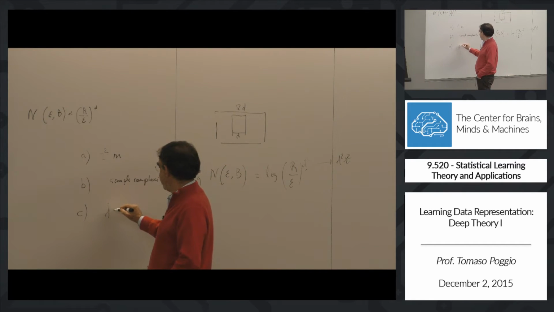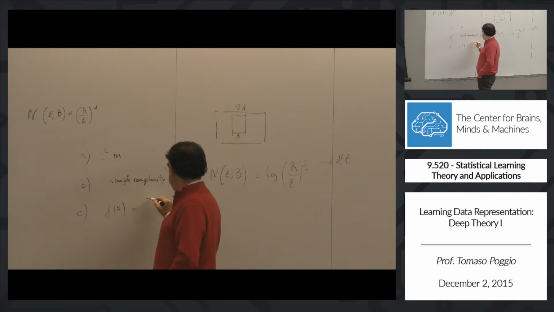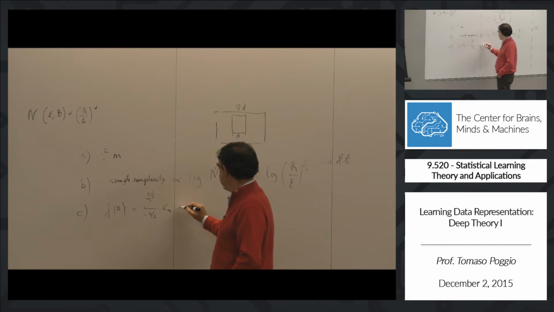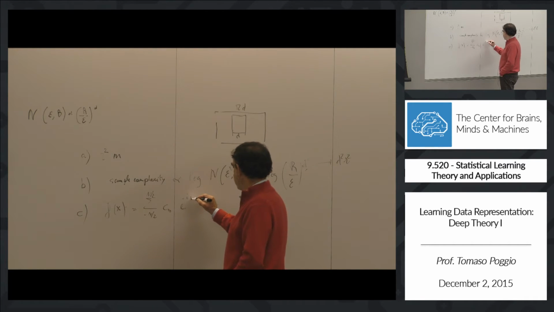So I have a function f of x, say x for simplicity, and I represent this as a sum from minus n half to n half of Cn, these are complex coefficients, e to the i n omega 0 x.